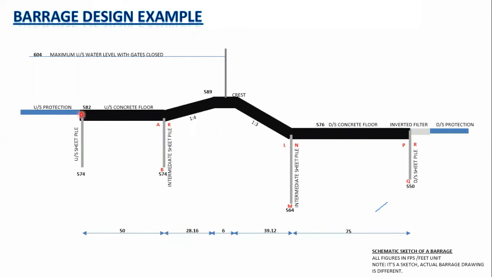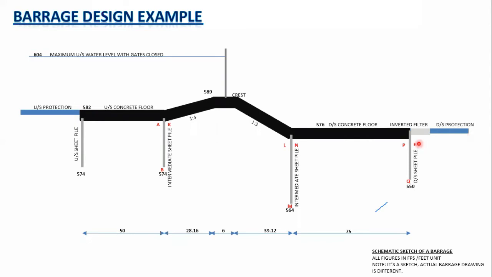Say, for example, scouring occurs just upstream of the concrete floor, or just downstream of the concrete floor. It is a concrete floor laid on ground. There are chances that it may slip or overturn. Our main barrage portion, this concrete floor, may be damaged; it may slide or it may overturn. So if there are deep pits on the upstream or downstream side, for protection, upstream and downstream protection in the form of boulders is laid.